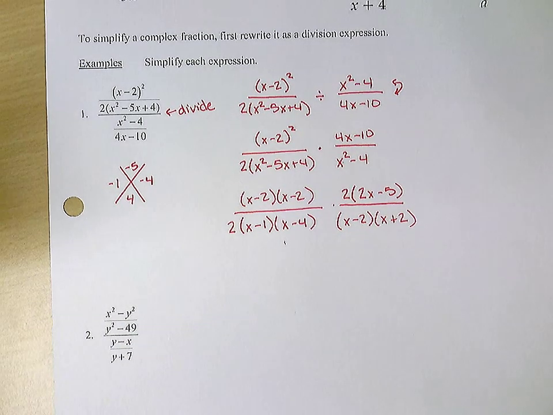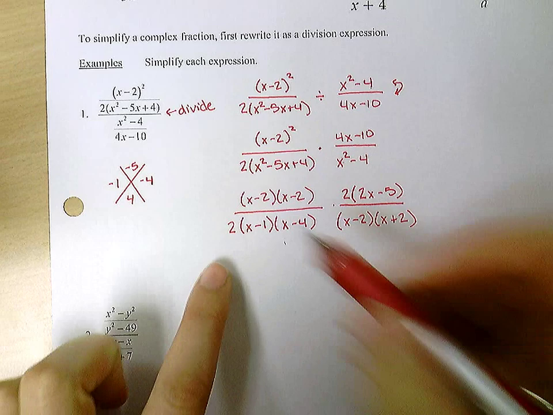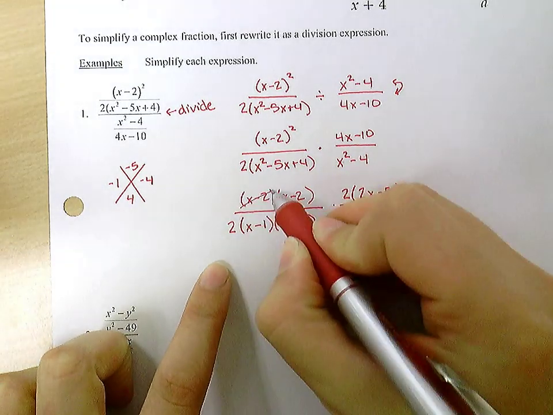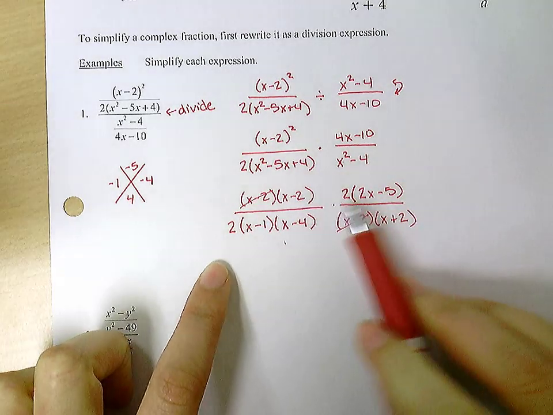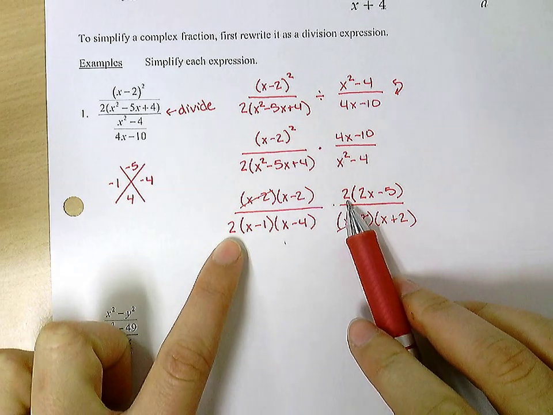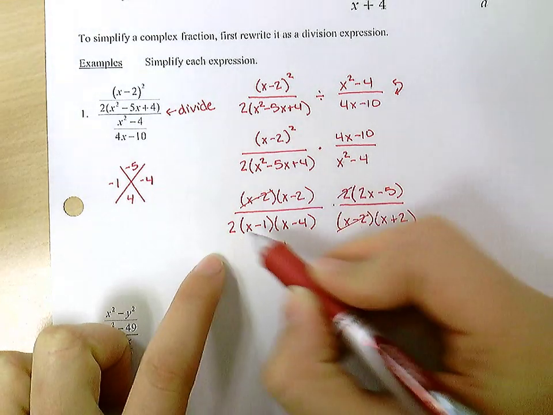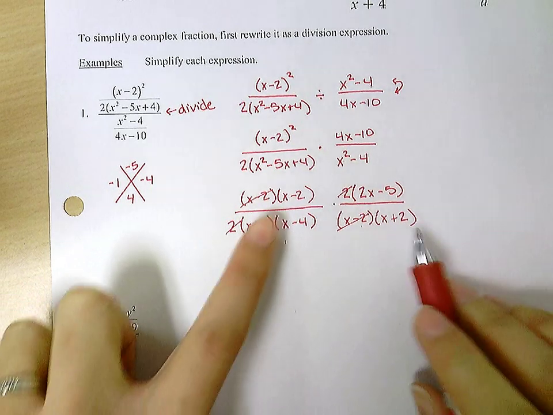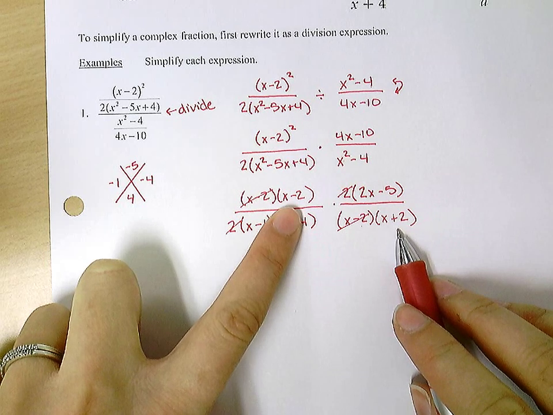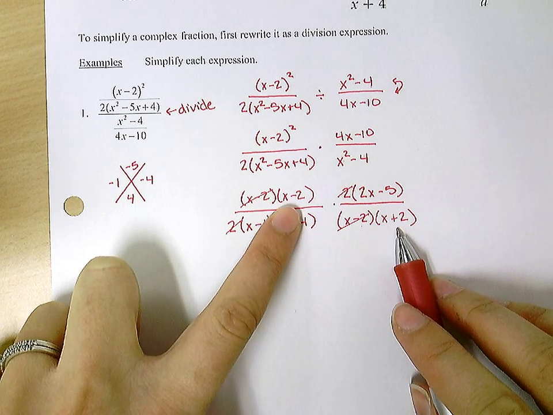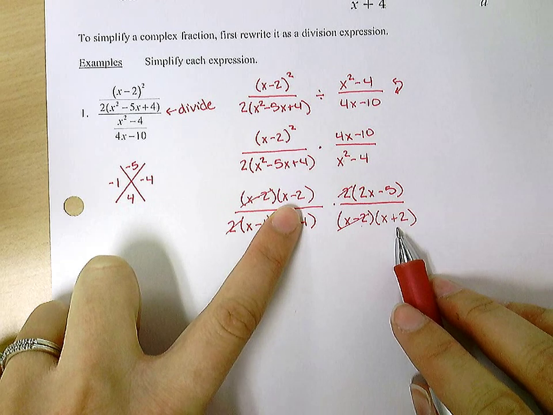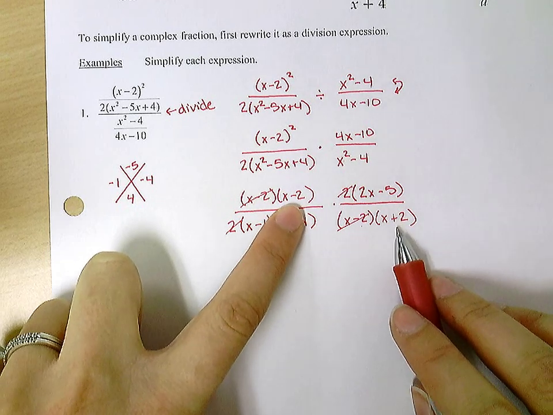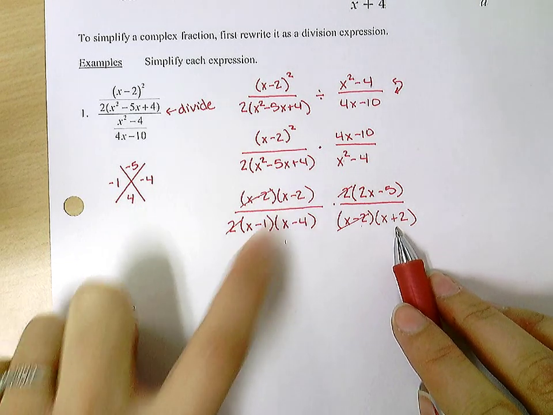From here, this is where I get to cancel from the numerator and denominator what they have in common. Here I have an x minus 2 over an x minus 2. I have a 2 over a 2. I can't cancel that. It's not the same. This one is x minus 2, this one is x plus 2. You cannot cancel those.